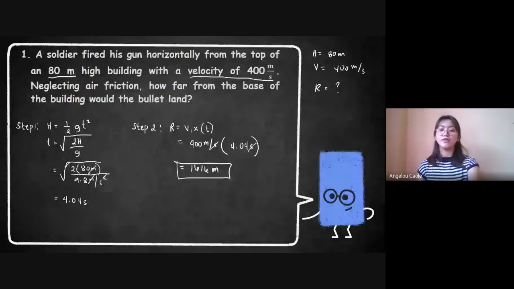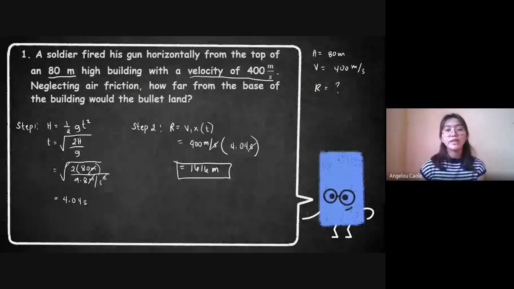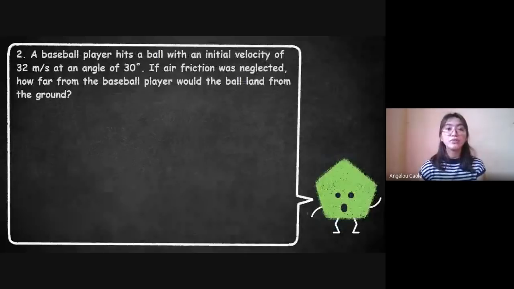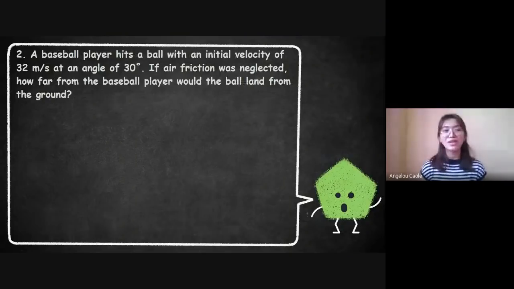For the second example, a baseball player hits a ball with an initial velocity of 32 meters per second at an angle of 30 degrees. If air friction was neglected, how far from the baseball player would the ball land from the ground? I repeat, a baseball player hits the ball with an initial velocity of 32 meters per second at an angle of 30 degrees.